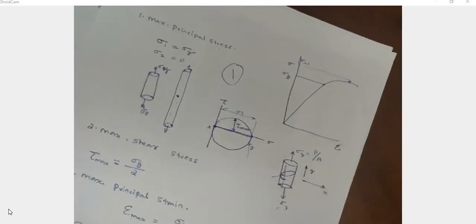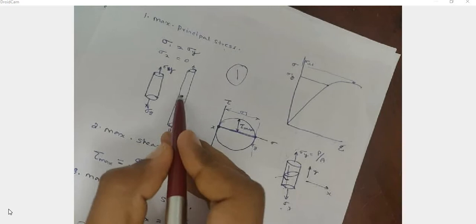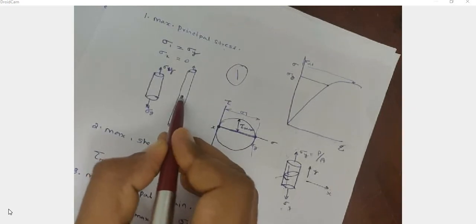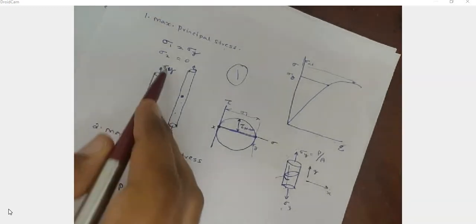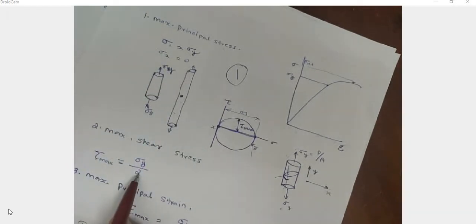What is the second case? Again, for this body, at any point a maximum shear stress is developed, that is equal to sigma y by 2.